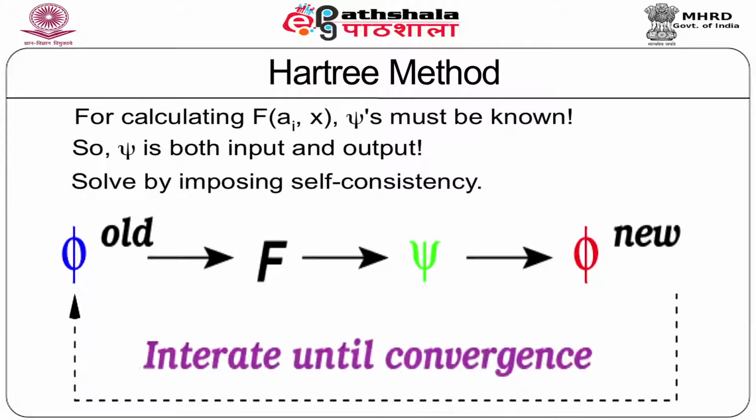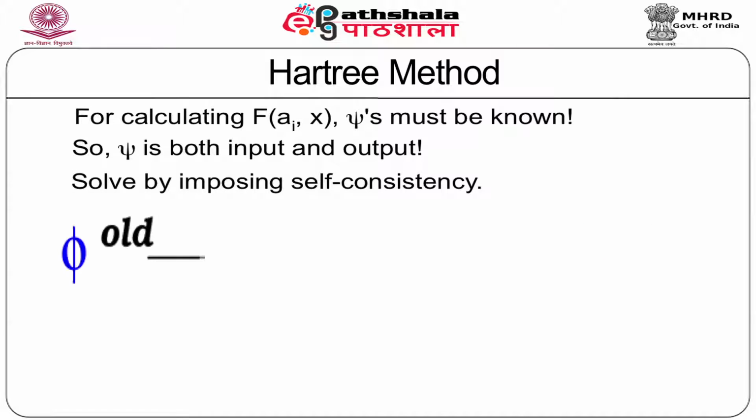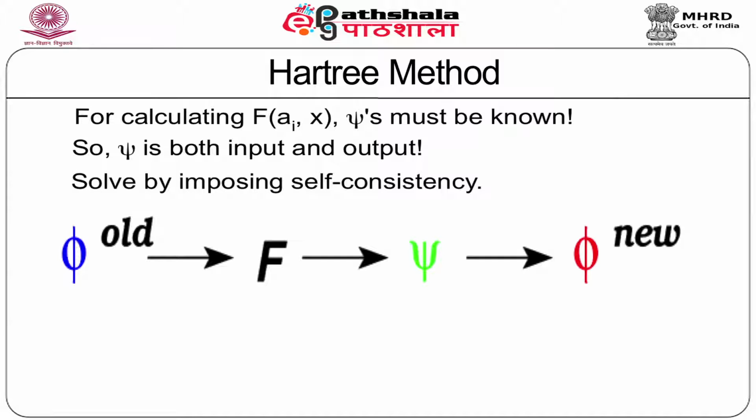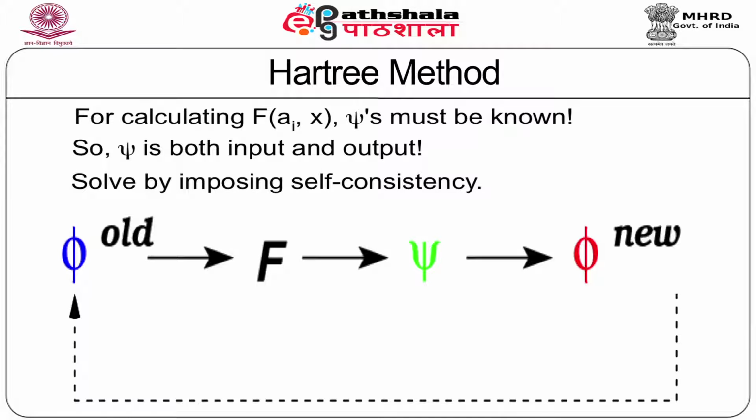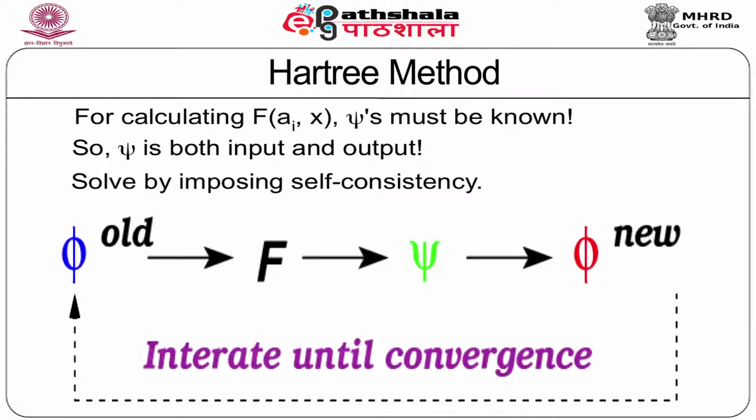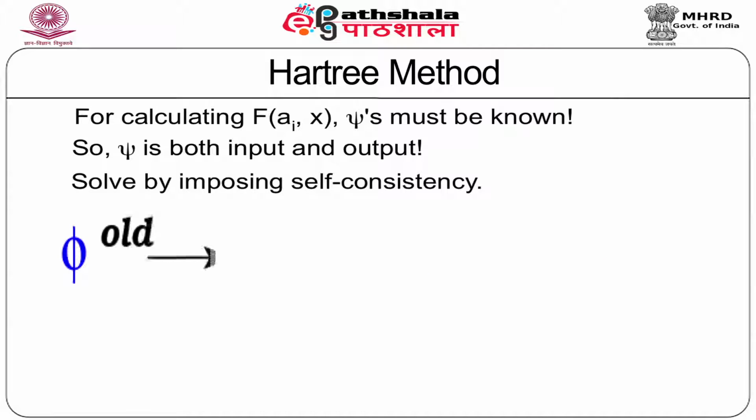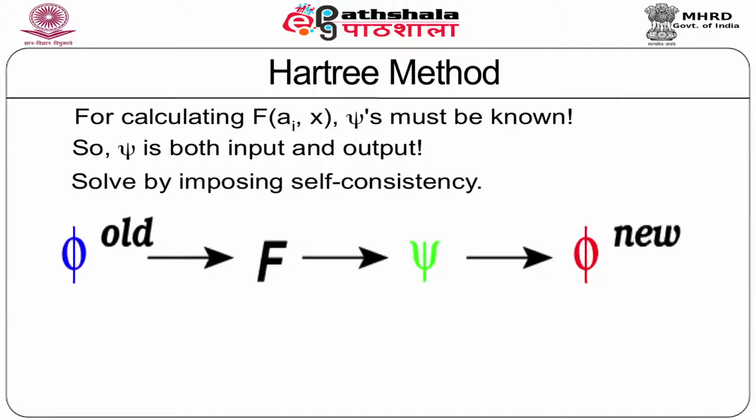From there, adding the spin part, one gets the phi new. One then replaces the phi old with this new phi and repeats the step until one reaches convergence.